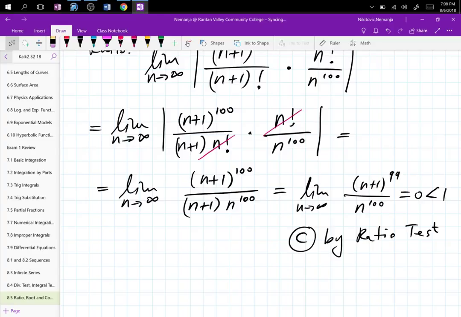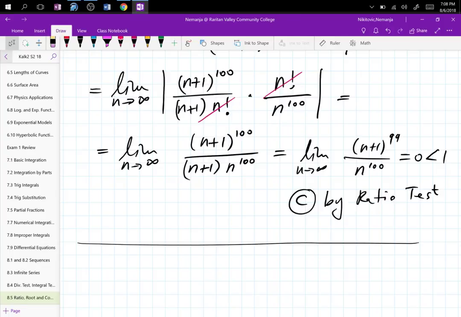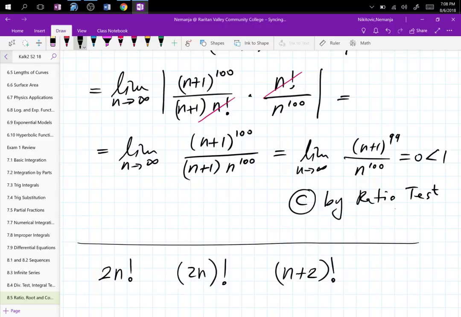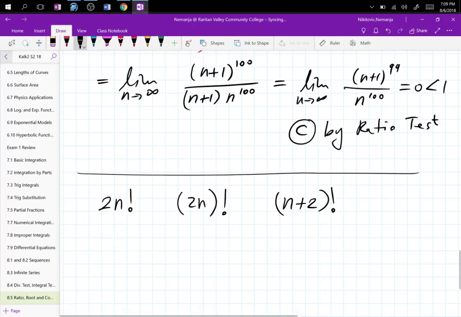So what I'm going to challenge you with as you are leaving is to pay attention and see the expansions and cancellations and things that you can do, like peeling off terms for 2n factorial, or n plus 2 factorial, and see what they expand into.